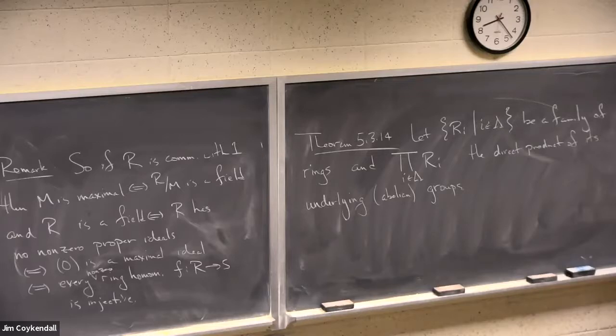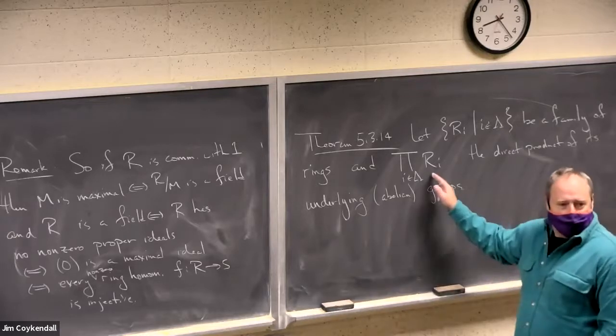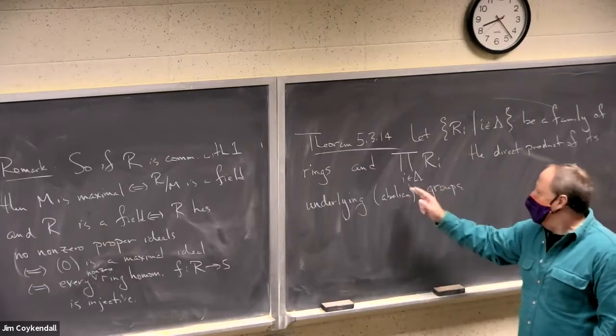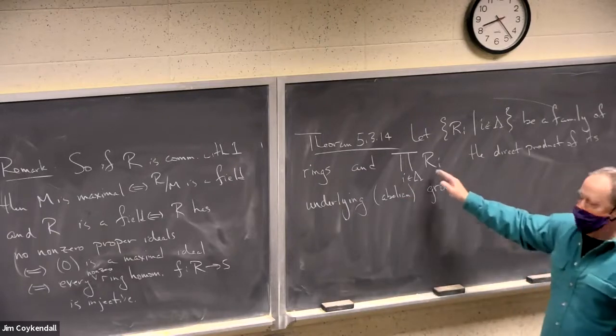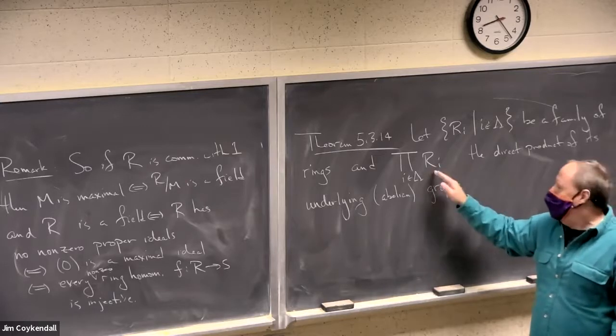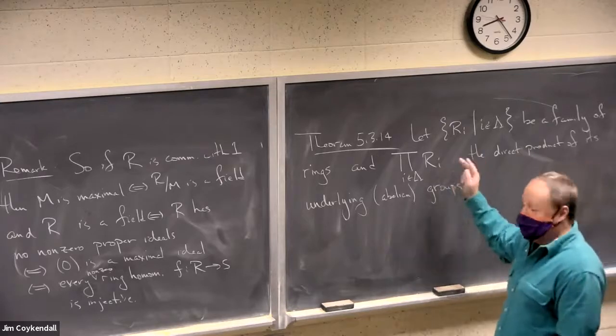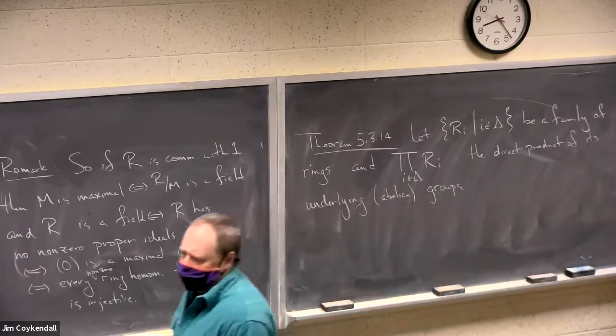These are all just abelian groups under addition, right? And let's just look at the direct product. Of course, this is just the set of all nets (r_i), where each r_i is in capital R_i, and I've got complete freedom on the input here.